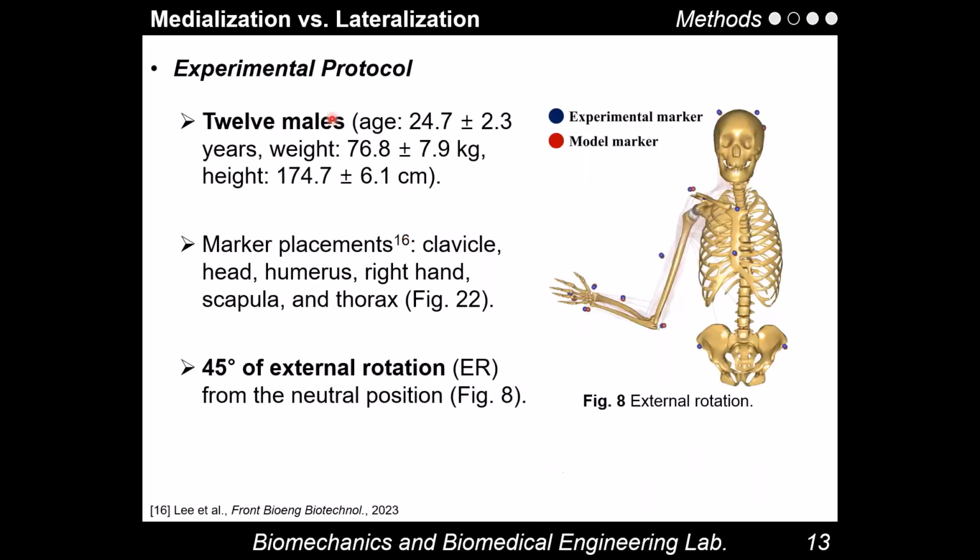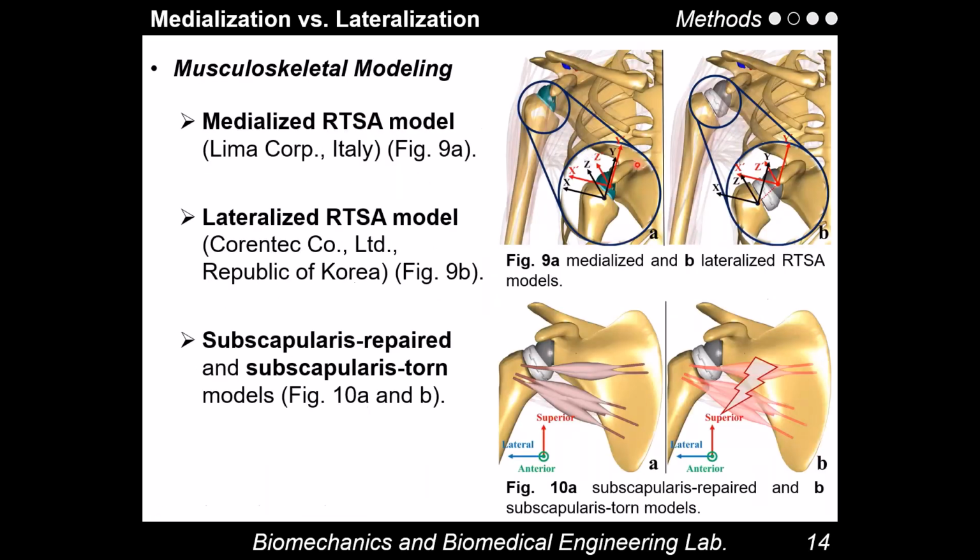In this study, 12 male experimental datasets collected during 45 degrees of external rotation were used as input to the musculoskeletal model. As shown in Figure 9, we developed 2 distinct RTSA models to represent the primary design philosophies.